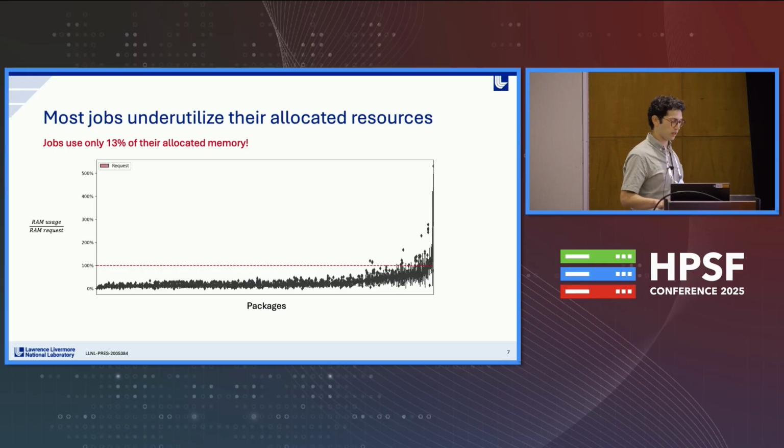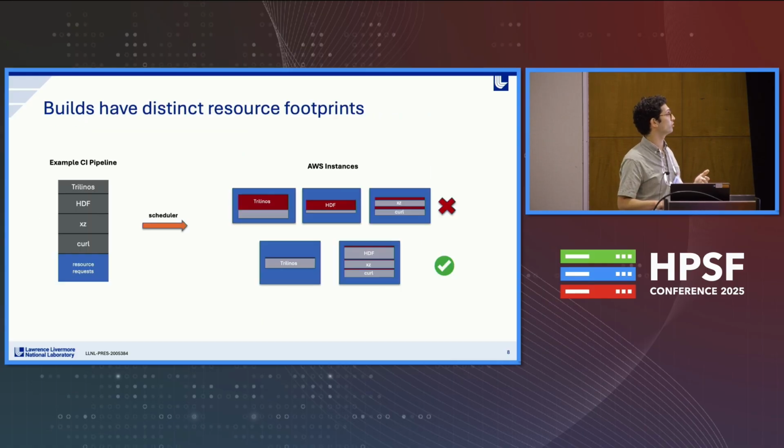So the bottom line is that 13% of allocated memory is actually used on average during the lifetime of CI jobs, which I think is something that we can definitely improve upon. So what we're seeing is this top situation where we see waste and opportunities for optimization, which means better packed instances on AWS and potentially better right-sized resource requests.